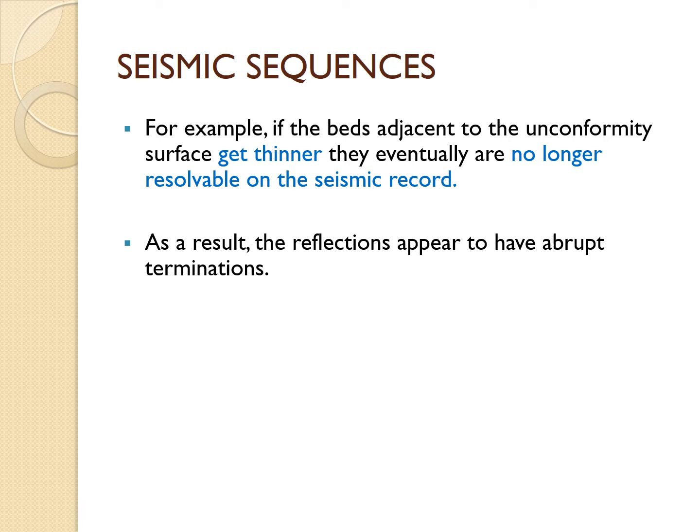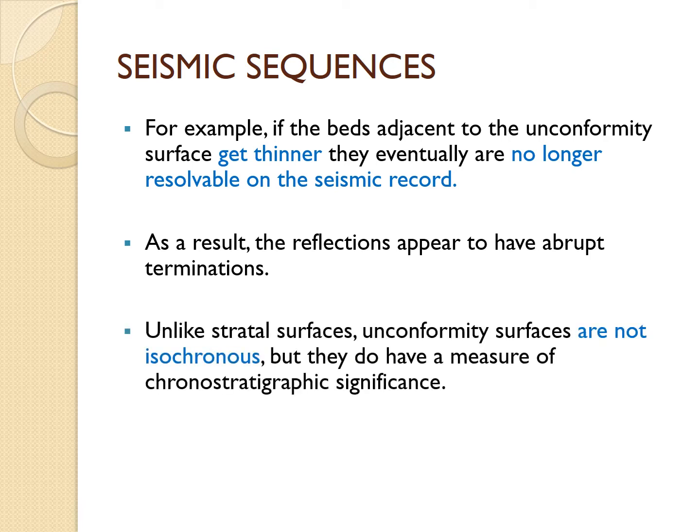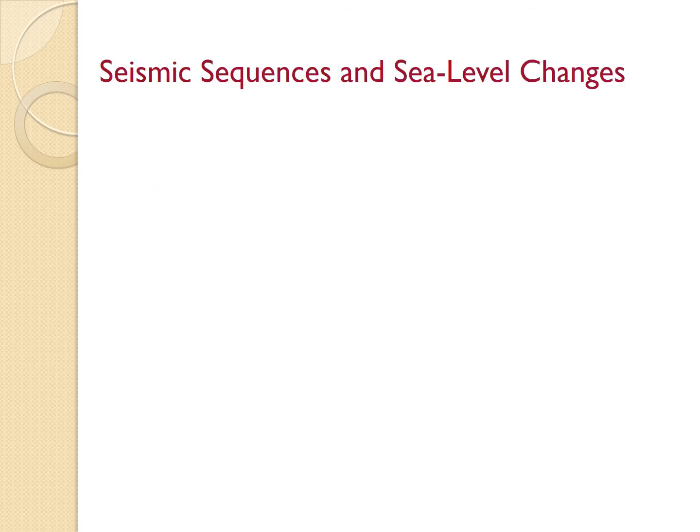But because of the limitation of the seismic tool, it gives you an impression that there is an abrupt change here, abrupt termination. This is for the unconformity surface. They are different from the strata surface. They are not isochronic, but they do have a measure of chronostratigraphic significance.